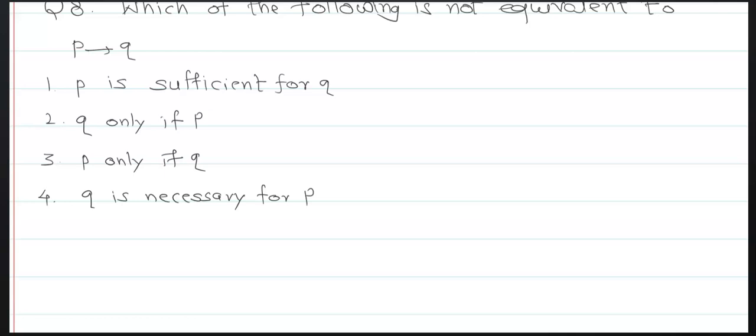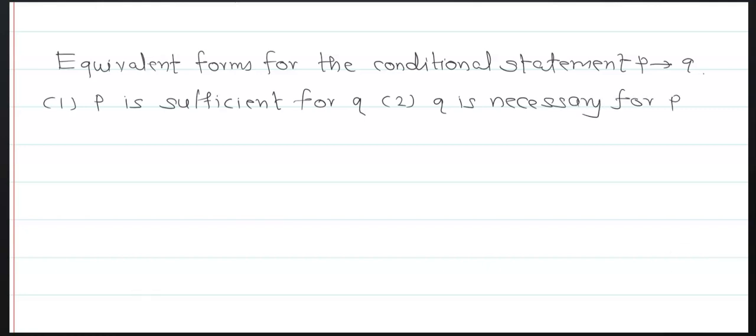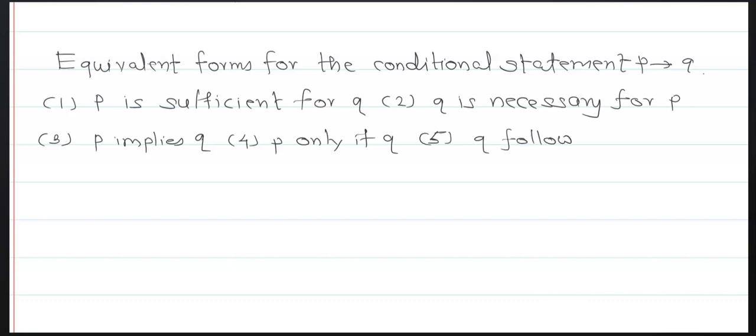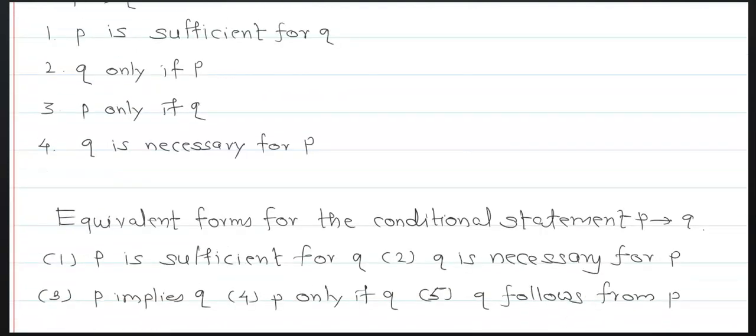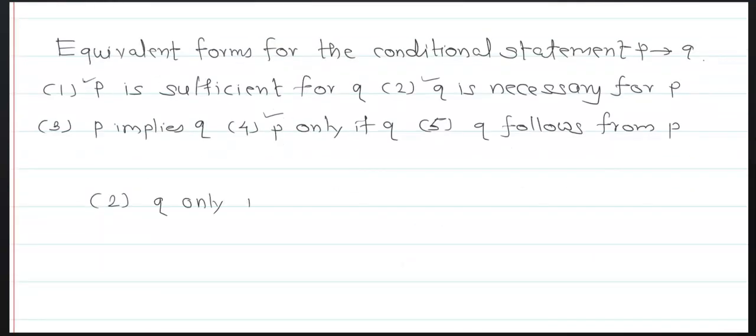Therefore, the conditional statement P implies Q: P is sufficient for Q. Second, Q is necessary for P, P implies Q, P only if Q, Q follows from P. Therefore P is sufficient for Q, and the second is also correct.